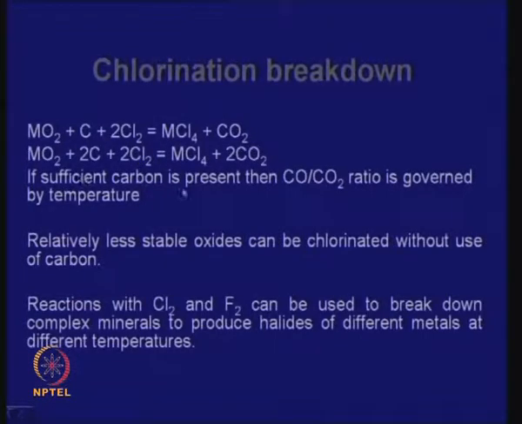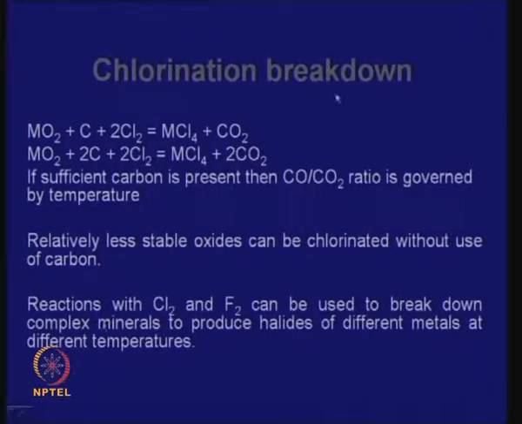If sufficient carbon is present, then CO by CO2 ratio is governed by temperature. So, the temperature is the crucial parameter. And as I have said, relatively less stable oxides can be chlorinated without use of carbon, but many oxides cannot be directly chlorinated by chlorine unless there is carbon in the system.